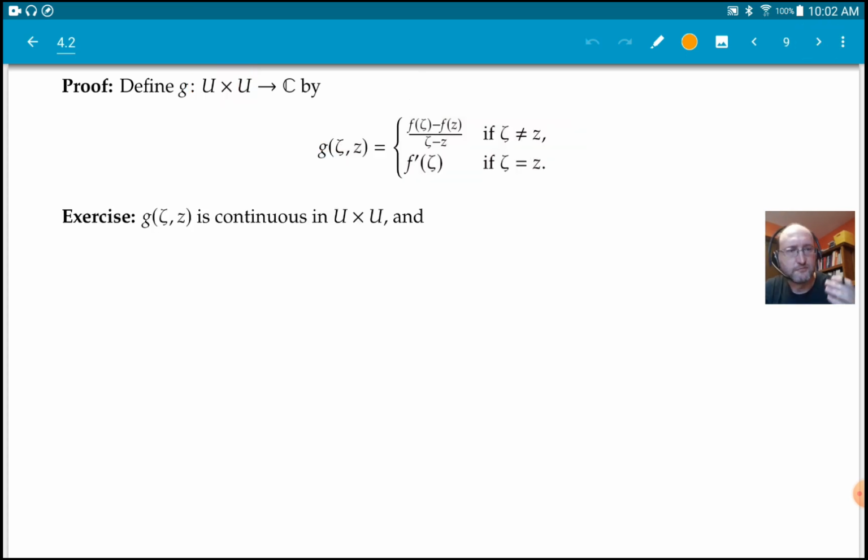I leave it as an exercise to show two things for this. First, that g is continuous, and it has to be continuous as a function of two variables, not just continuous as a function of each variable separately.